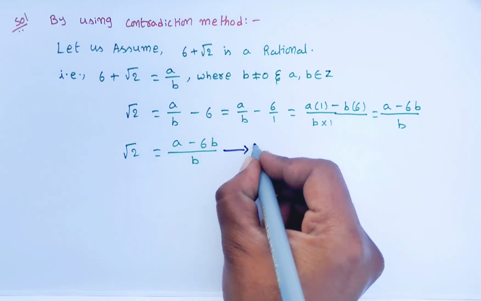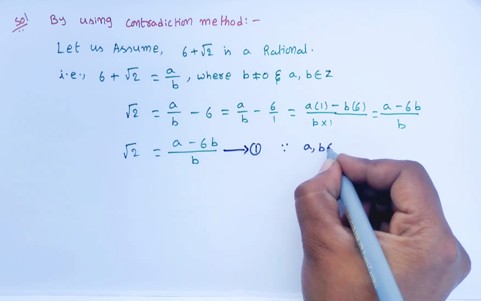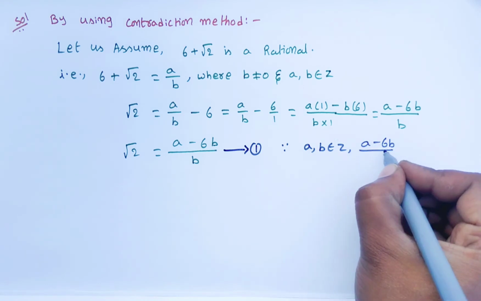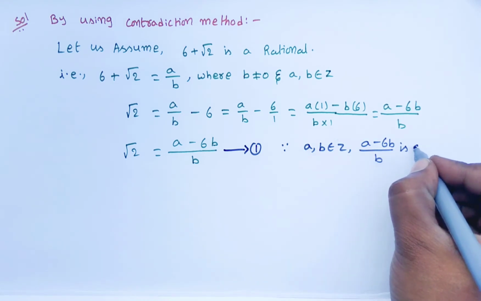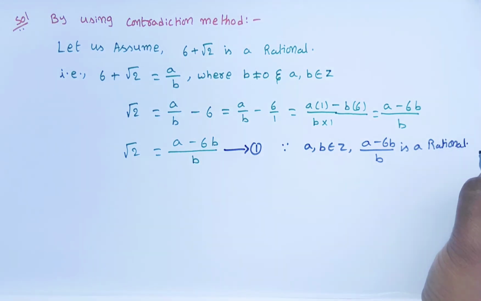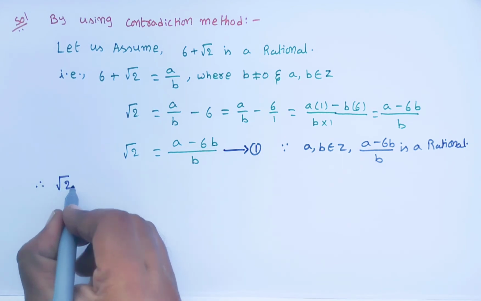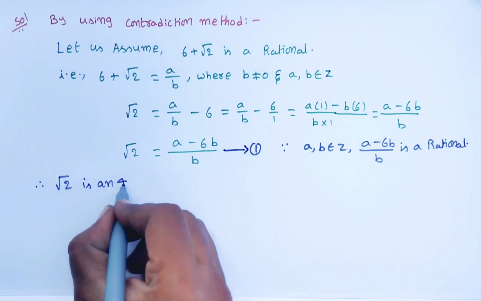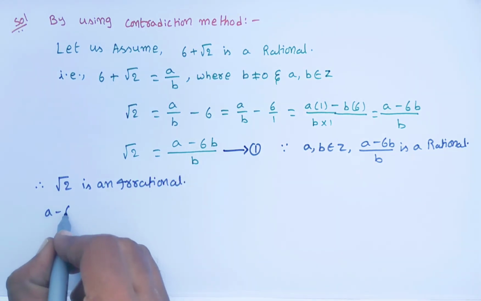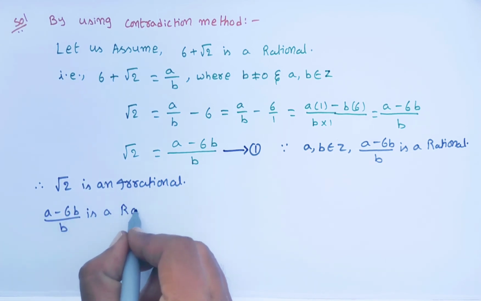This is equation 1. Now since a, b belong to integers, a minus 6b whole divided by b is in the form of p by q, a rational number. Now observe from equation 1, root 2 is an irrational, and a minus 6b whole divided by b is a rational.